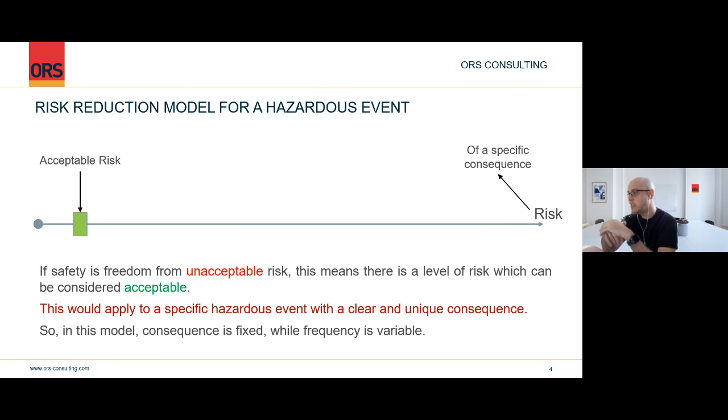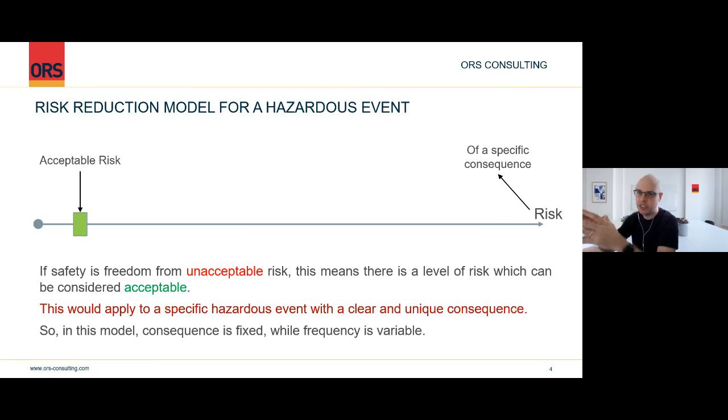Depending on your organization and depending on the regulatory framework in which you are operating based on your geography, that could be, maybe once every 10,000 years, it's acceptable to have a single fatality, or once every 100,000 years. Or if you're talking about assets, it is considered acceptable to lose a specific amount of money once every 1,000 years.